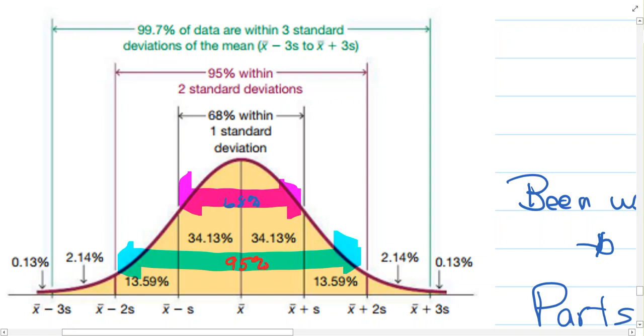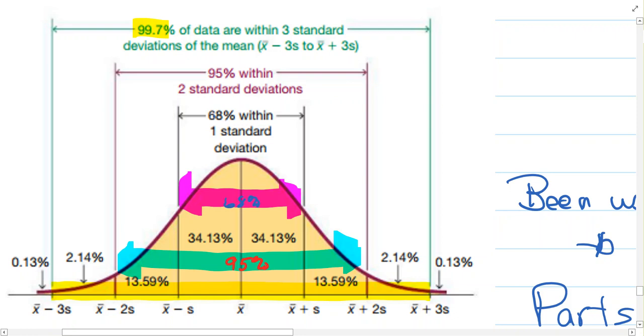And what is the difference of 100 minus 95? 5%. So those are the critical areas outside of the middle area that we've been doing. And then if we do the third standard deviation, it is almost all of it. And that is 99.7.